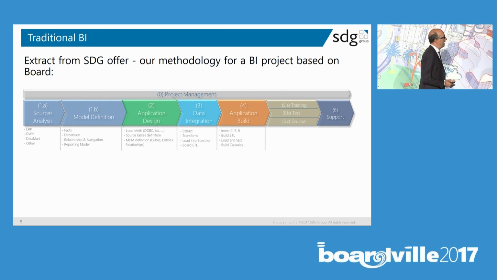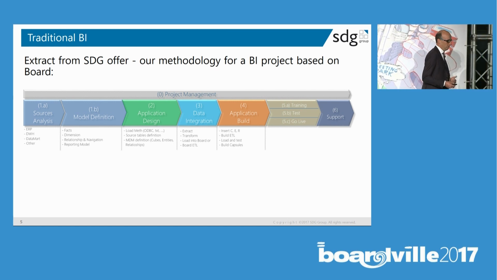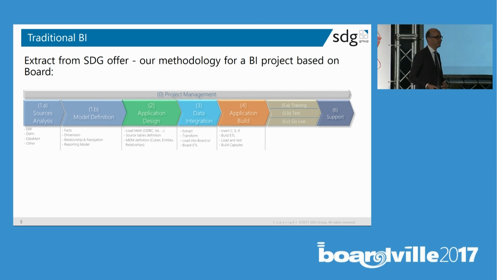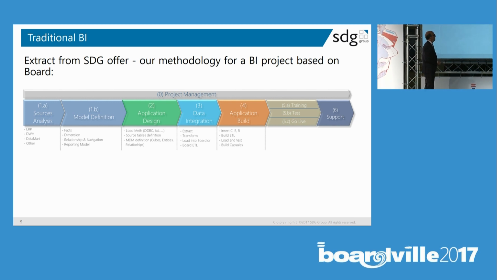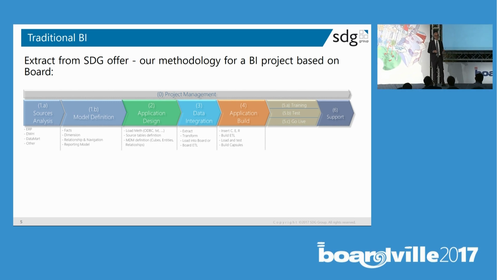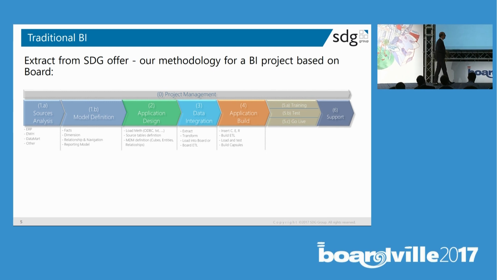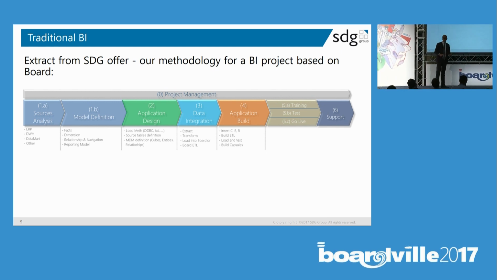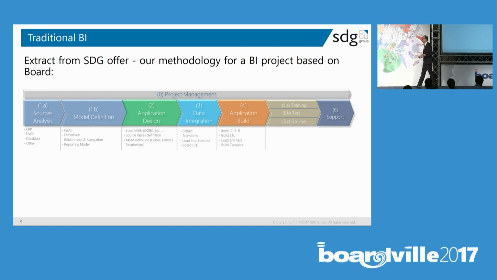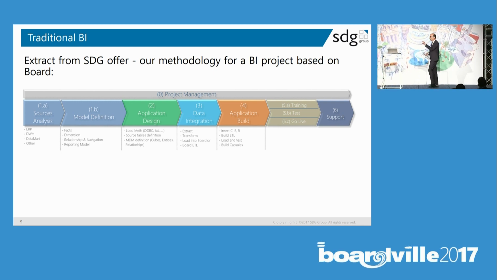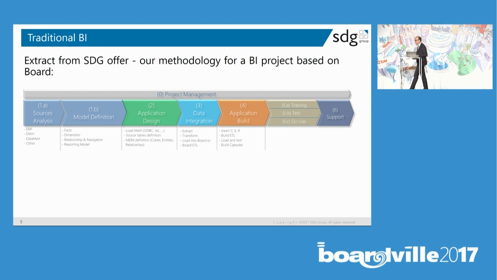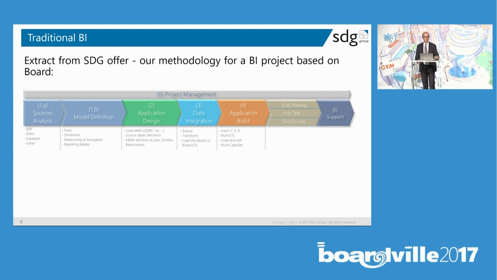So we talk about the load method, so ODBC or extract TXT file and so on, the definition of the source table, and the definition of the database in terms of cube, dimension, data reader, and all the structure that we have to design on the paper.